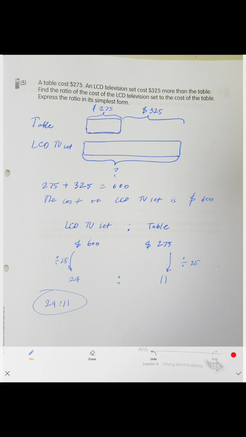So that's your answer, and you write it down. The ratio of the cost of the LCD TV set to the cost of the table is 24 to 11. All right.